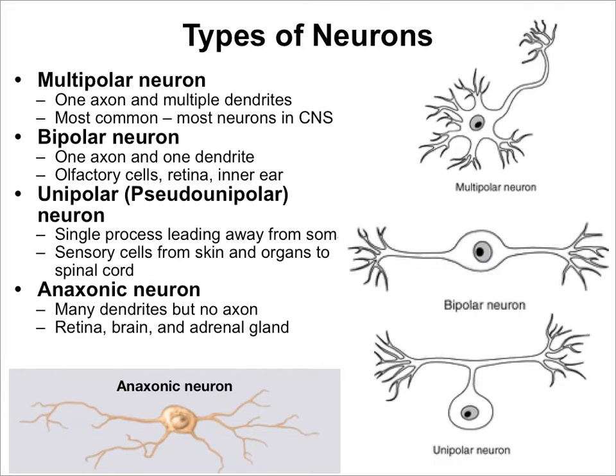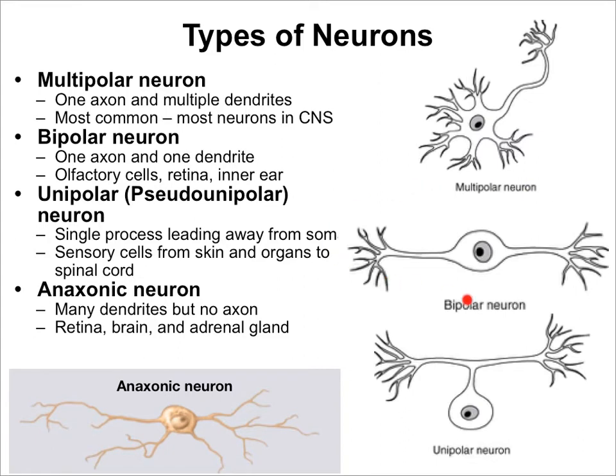This is the most common type of neuron. Most of the neurons in the central nervous system are multipolar. And most of the neurons in your somatic motor nervous system are also going to be multipolar. These neurons can receive information on any of their dendrites and send it down the axon.